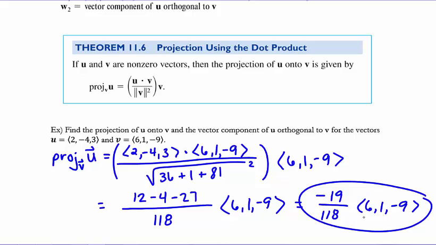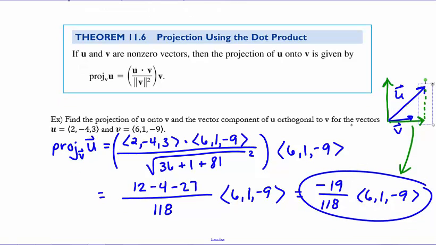That's the projection. So again, here's u, here's v. The projection that we just created is this vector right here. Now I want the vector so that the two green ones add up to u.